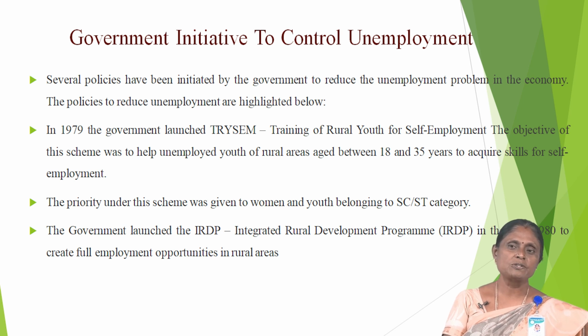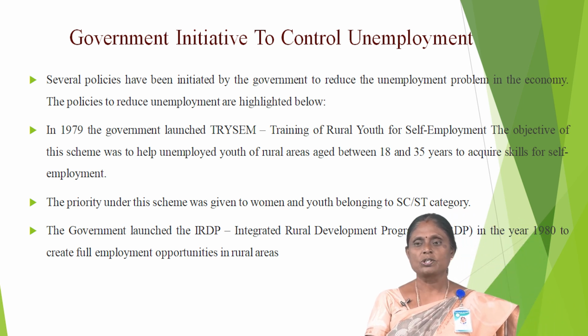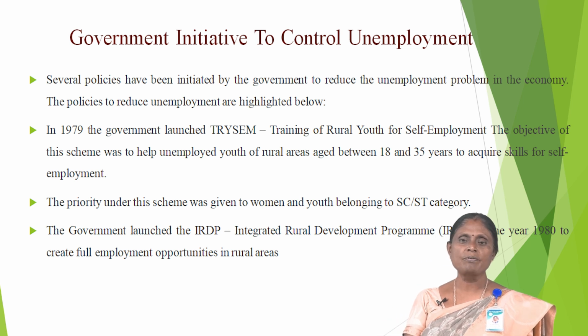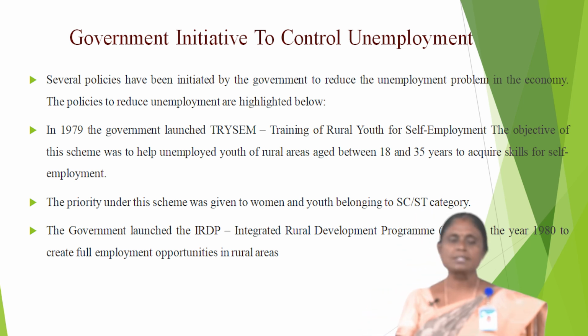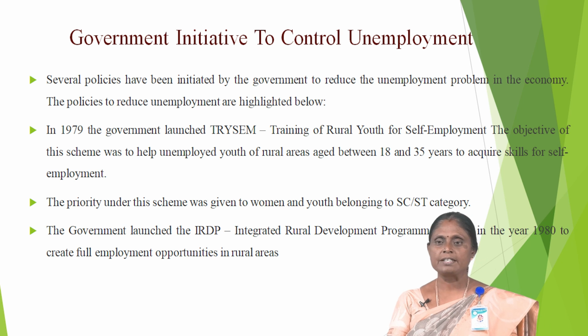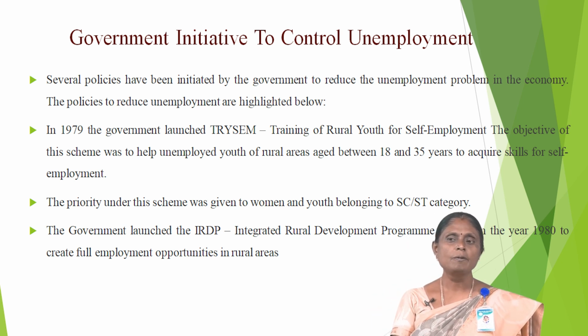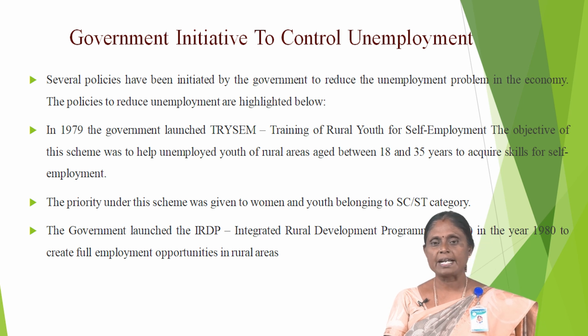What are the main objectives of TRYSEM? The main objective of this scheme was to help unemployed youth of rural areas aged between 18 and 35 years to acquire skills for self-employment. Next, the priority under the scheme was given to women and youth belonging to SC and ST categories.